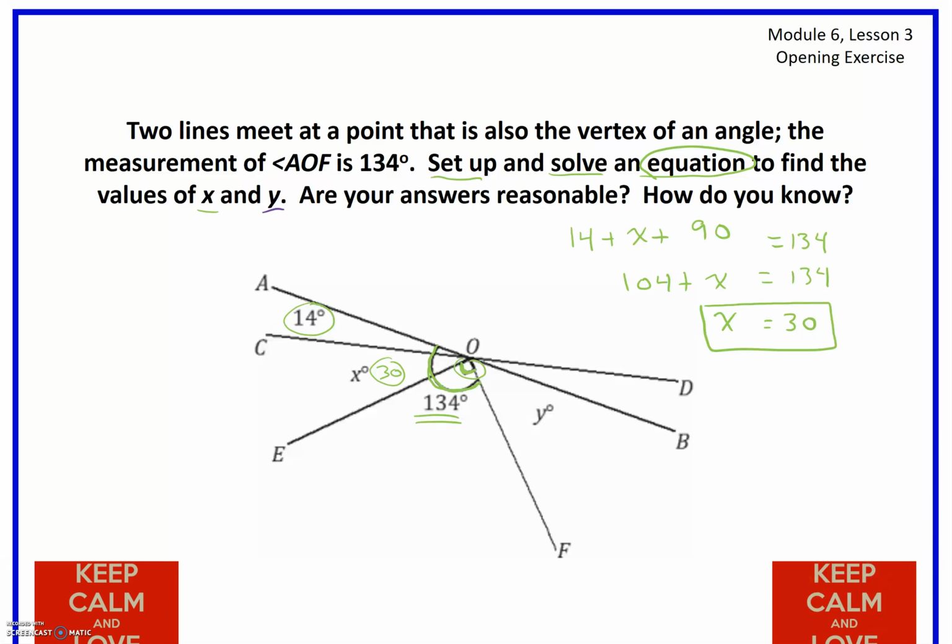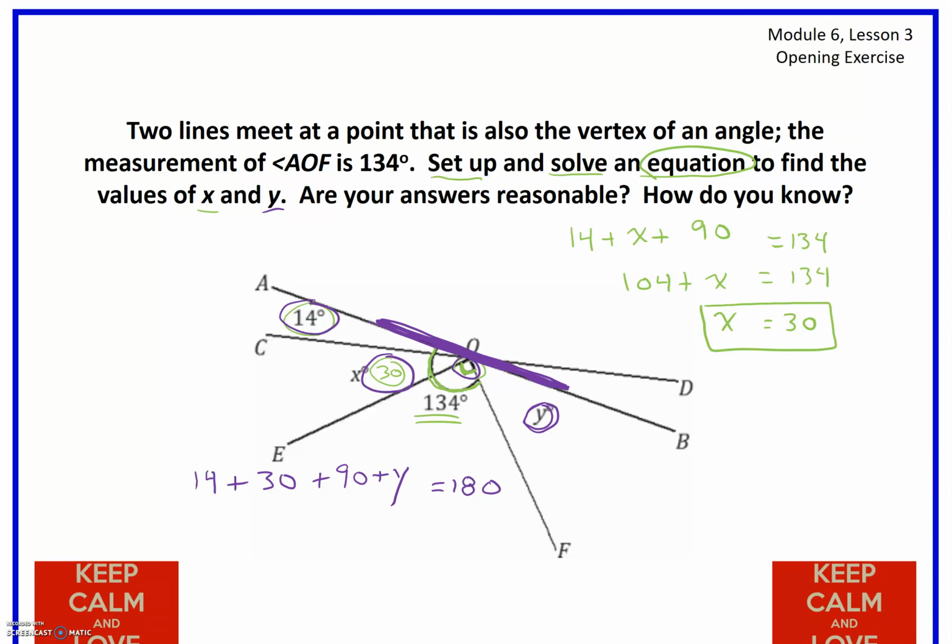We need to find y here, and the one thing I notice is that this line here is 180 degrees. It's a straight line, so a sum that equals 180 degrees using the angles of 14, 30, 90, and y.